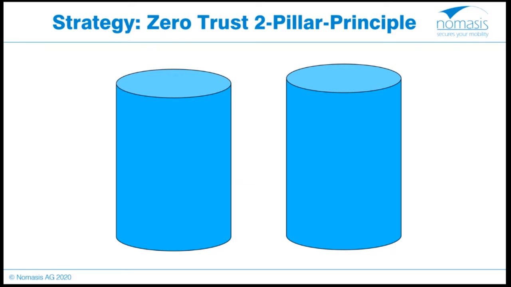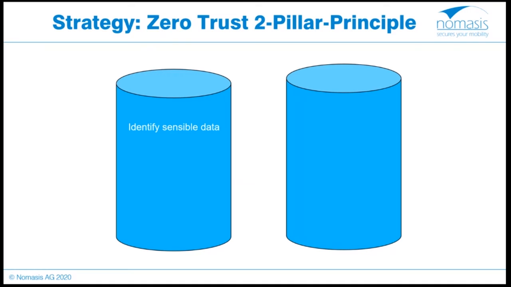So Zero Trust is based on a two-pillar principle. What are the key pillars to actually move towards Zero Trust? First of all, we have to identify the sensitive data classification.